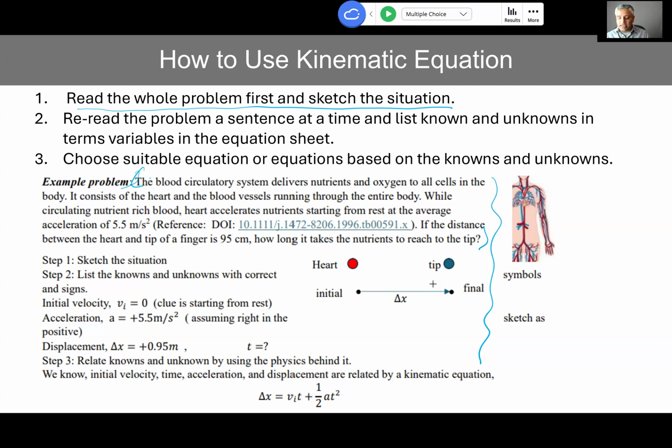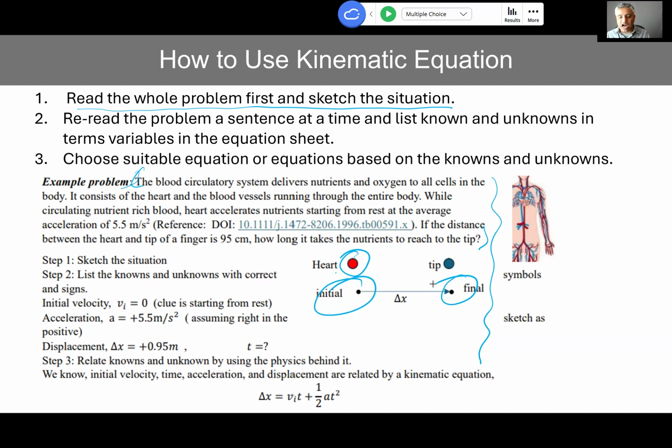So for example, here, what is moving? Remember, all this is about motion, so you need to focus. What object is moving here? Here, blood is moving. So we need where it starts and where it goes. Where is the initial position? Where is the final position? That's what I am sketching. Where is the initial? Heart.